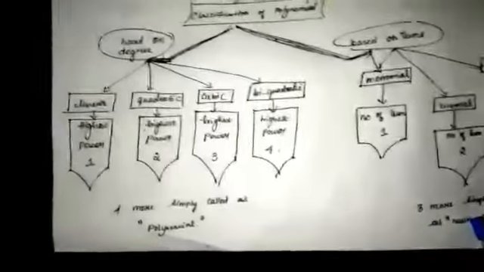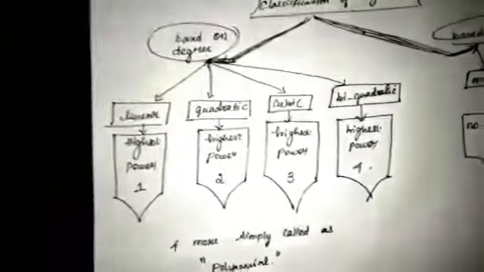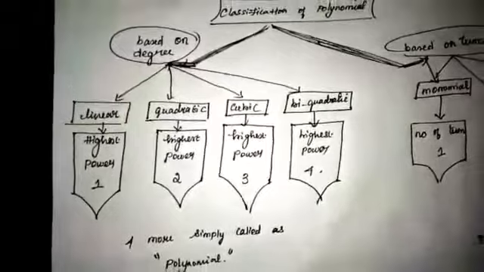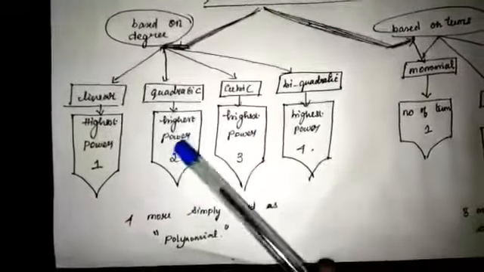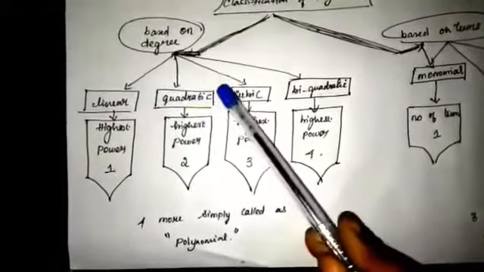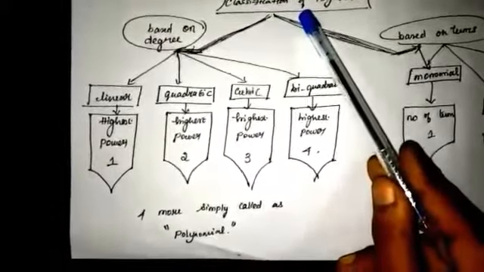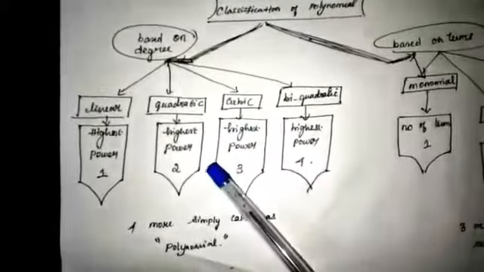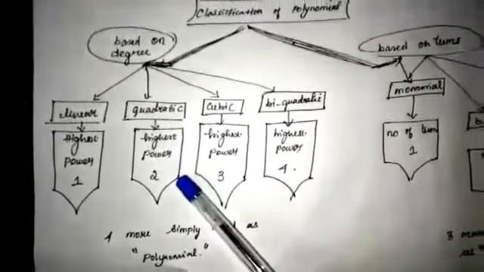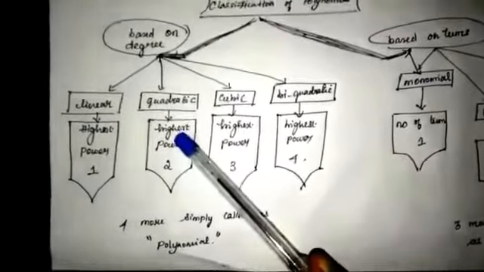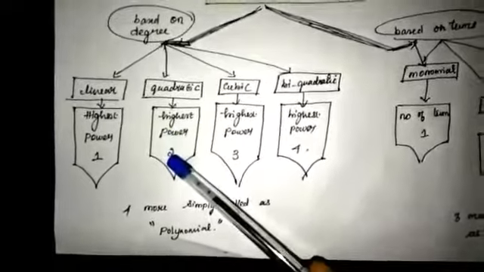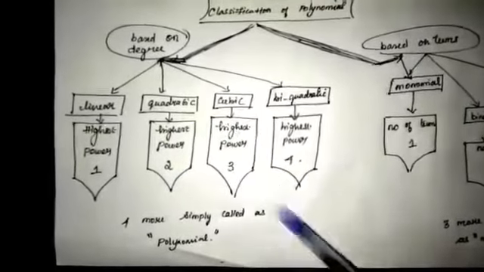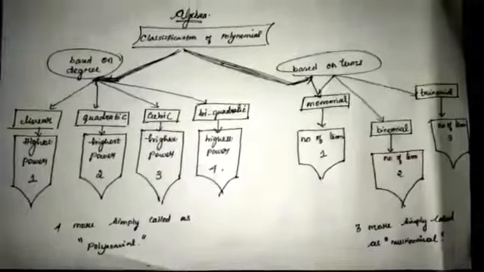But now for quadratic equations, we should know which one we are going to learn in this chapter 5, only the second one. Quadratic means that based on degree we are classifying the polynomial. Any particular equation that contains the highest power 2 is called a quadratic equation.